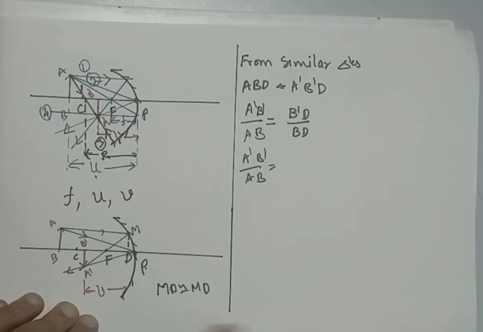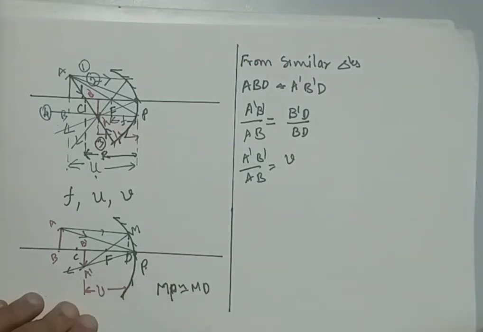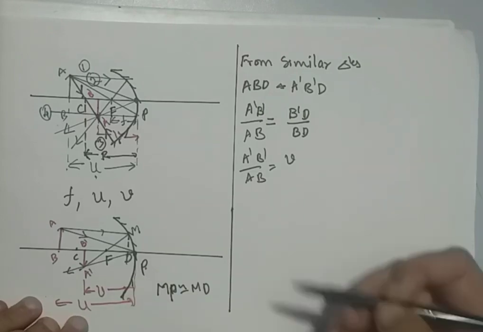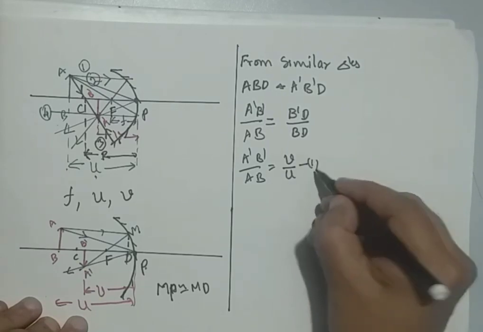Therefore, MD and MP are almost one and the same. Therefore, now I can write B dash D as V, and BD, the B to D distance, as U. From here to here, it is U. Therefore, V by U. This is our first equation.